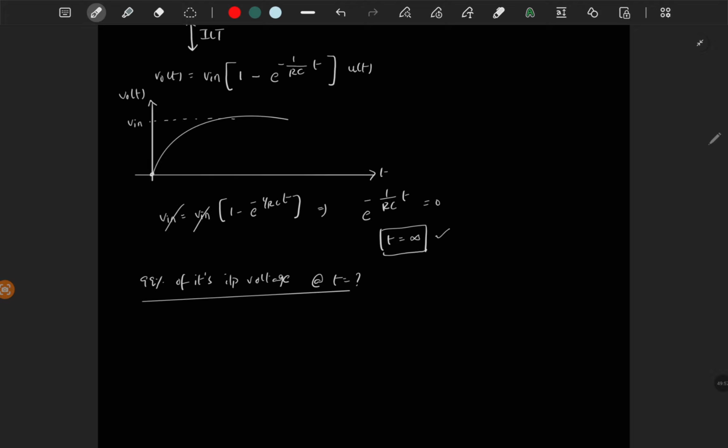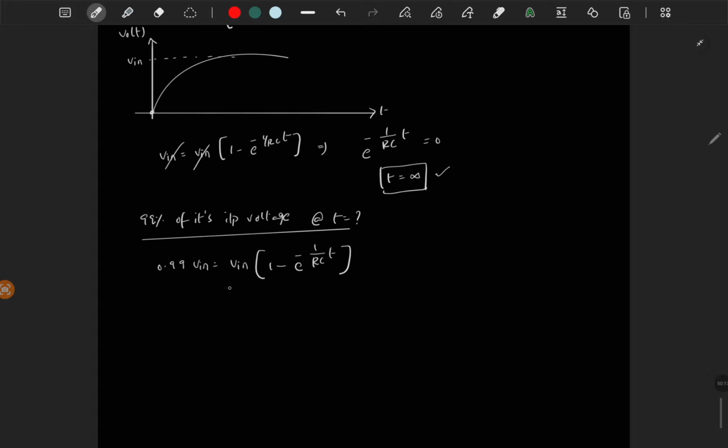So 99% of V is 0.99 equal to V in into 1 minus e to the power minus 1 by RC into t. If you solve this, e to the power minus 1 by RC into t is 1 minus 0.99, which is 0.01.